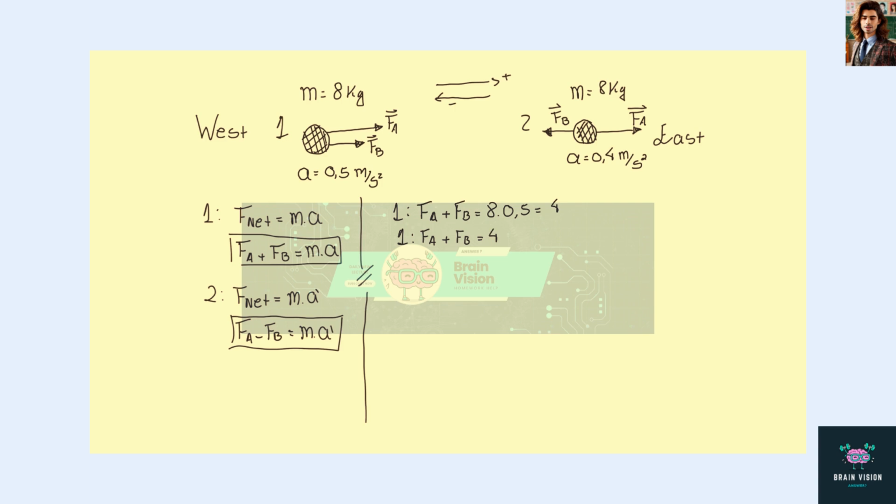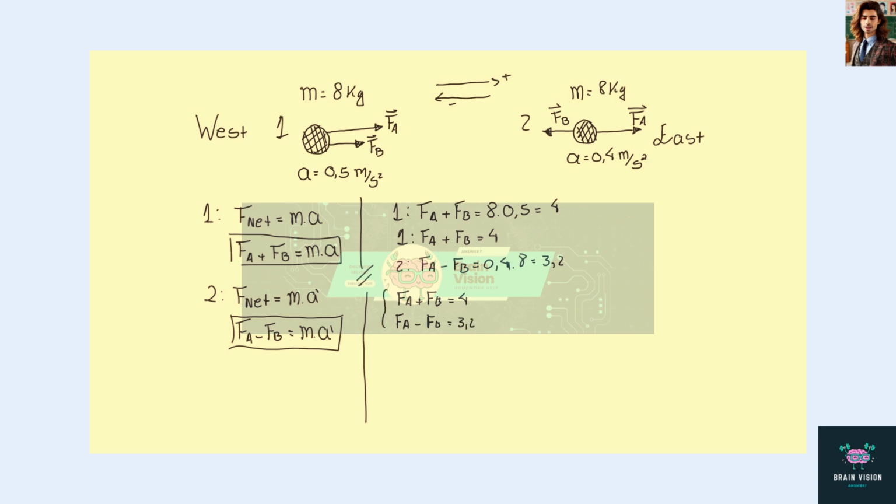In the second situation, we have Fa minus Fb equals 0.4 times 8, which equals 3.2. Therefore, our system of equations is the following. Fa plus Fb is equal to 4. At the same time, Fa minus Fb is equal to 3.2.